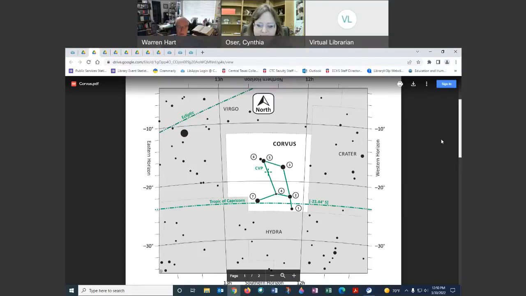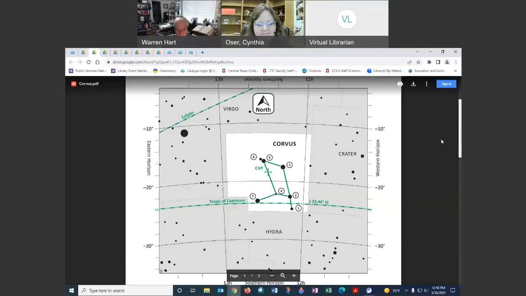That's called the ecliptic, and all the planets and the moon also travel along that ecliptic. And sometimes, because the orbits of the planets are not perfectly level with the sun, they are at an angle. So at times they may be above the ecliptic or below the ecliptic. And the same thing for the moon.